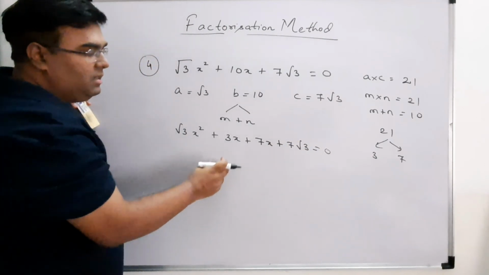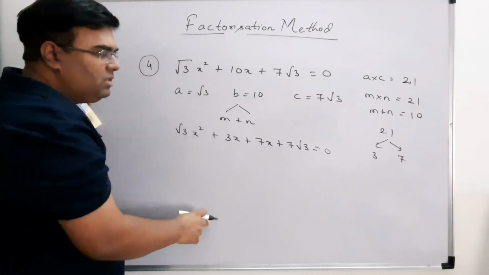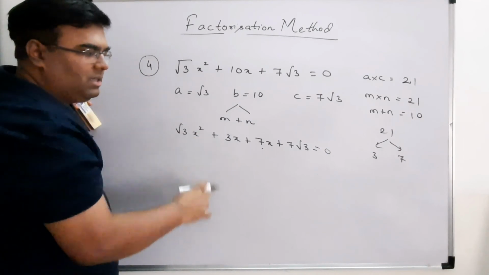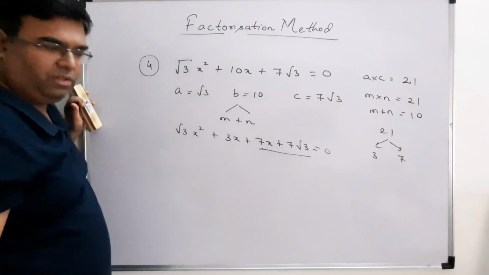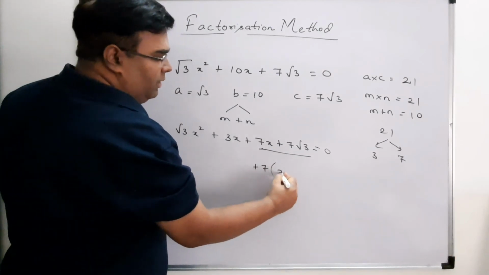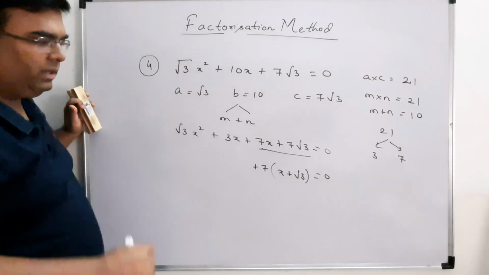I have not written it 7x plus 3x. I have written 3x plus 7x because I can take 7 common from here, and here also 3 is coming. So if you take these two terms first, right, you can take plus 7 common and you will get x plus root 3, right?